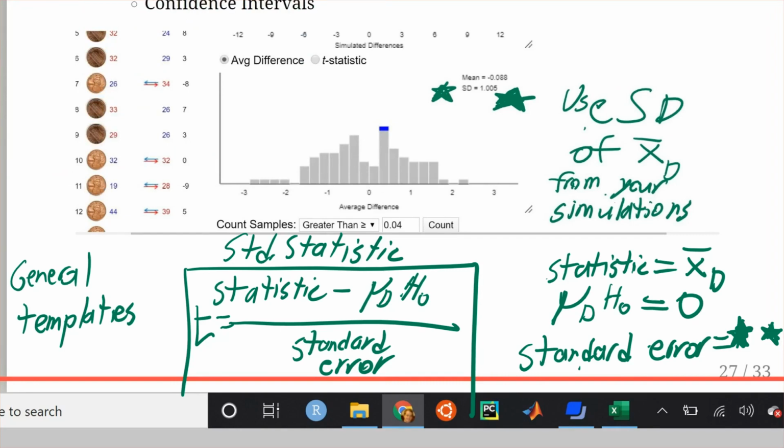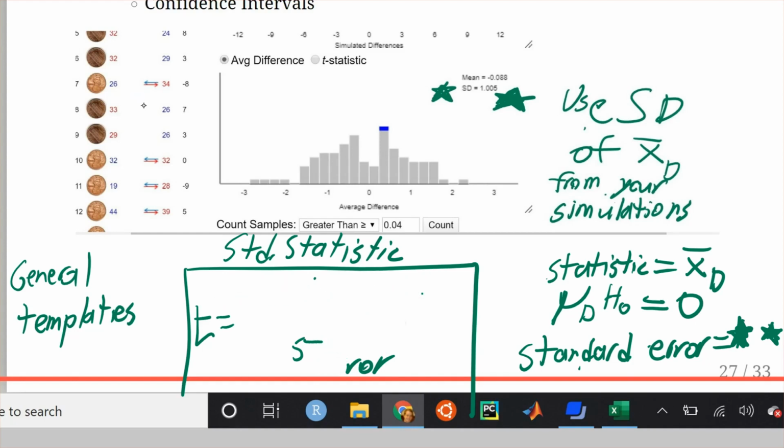Okay, let's talk about how we find confidence intervals. The general template for confidence intervals is the following.